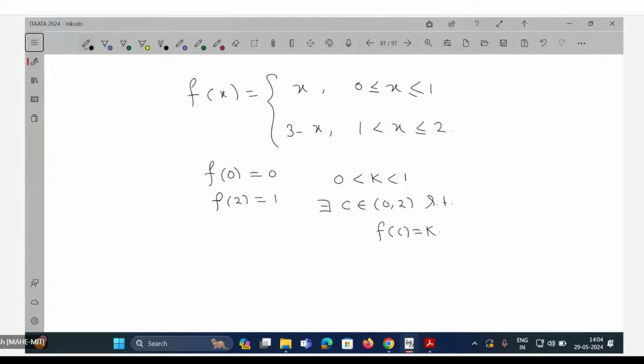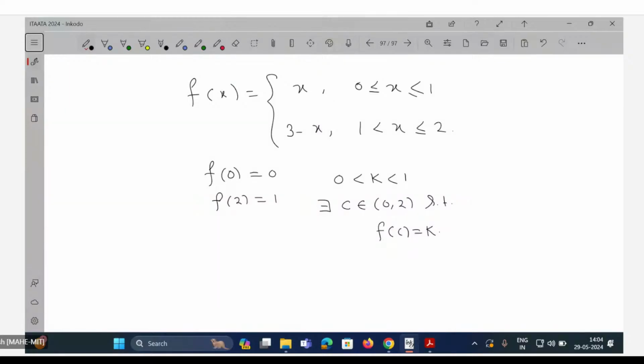Okay? And obviously you can see that this function is not continuous at 1. The left hand limit and right hand limit are different, so it is not continuous at the point 1. So this function satisfies the condition given in the intermediate value theorem.